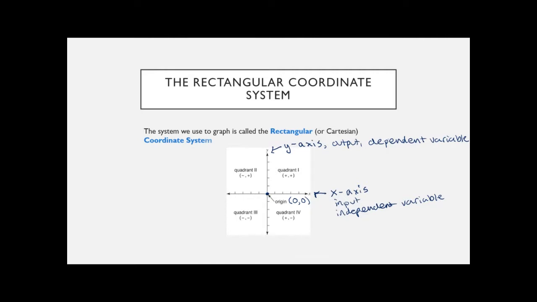And so that's why it's labeled with plus, comma, plus, because both of those numbers are positive. And then we move counterclockwise to quadrant 2, where the x value is negative because it's to the left part of the graph, but the y value is positive because we're still in the upper half. Then quadrant 3 is below it, where both the x and the y are negative. And then we have quadrant 4, where we have a positive x and a negative y.